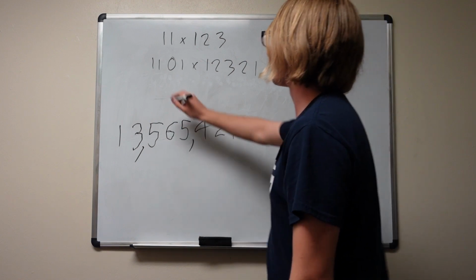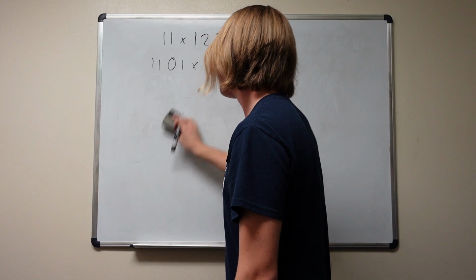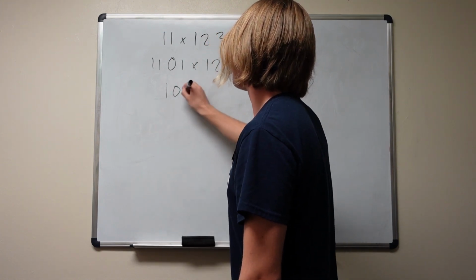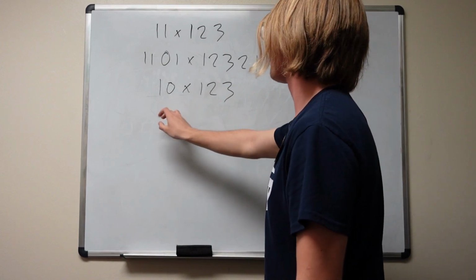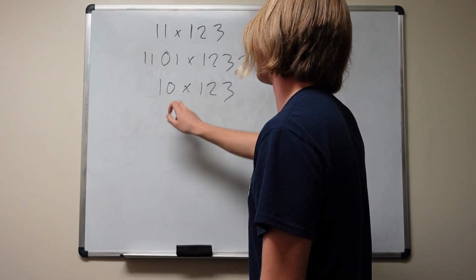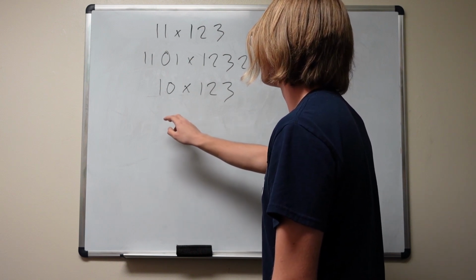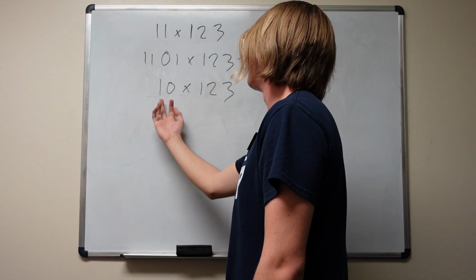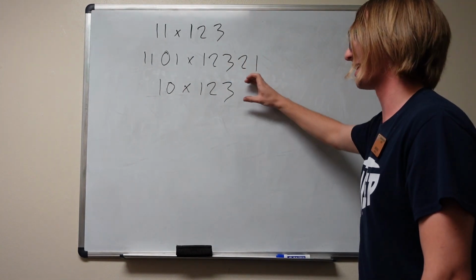Just on a side note, don't multiply by 10 with this trick, because you're essentially going to flip people off, which is no bueno. So I'm not going to do that. In fact, it's much easier to just add a 0.